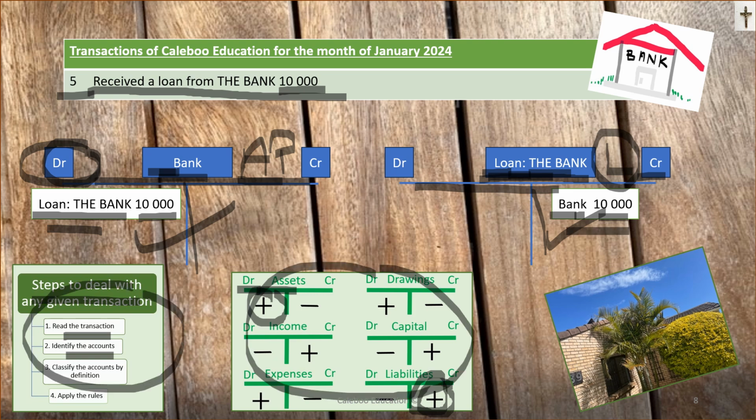Do you know the steps to deal with transactions? The important thing is knowing your rules and being able to classify your accounts. Is an account an asset? Is it drawings, capital? Is it a liability? Is it income? Is it an expense? And then you apply the rules, and you will know which account to debit and which account to credit. But like anything, it takes practice.